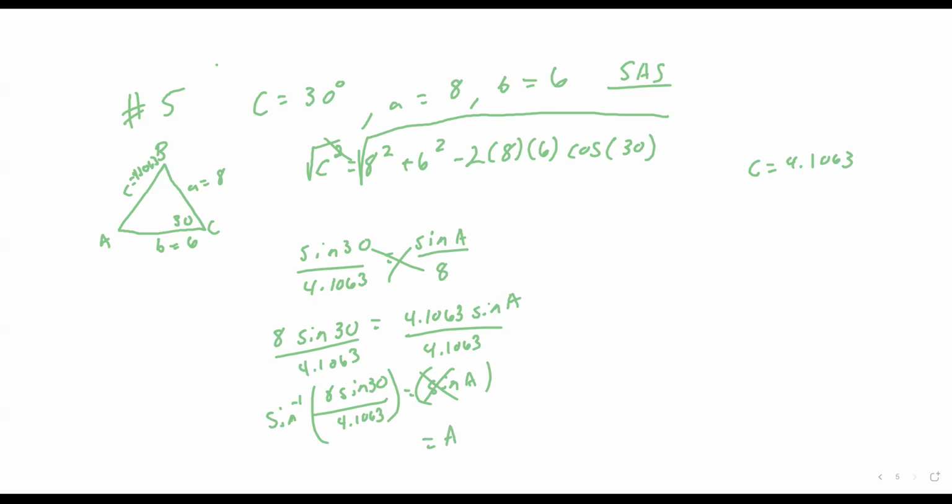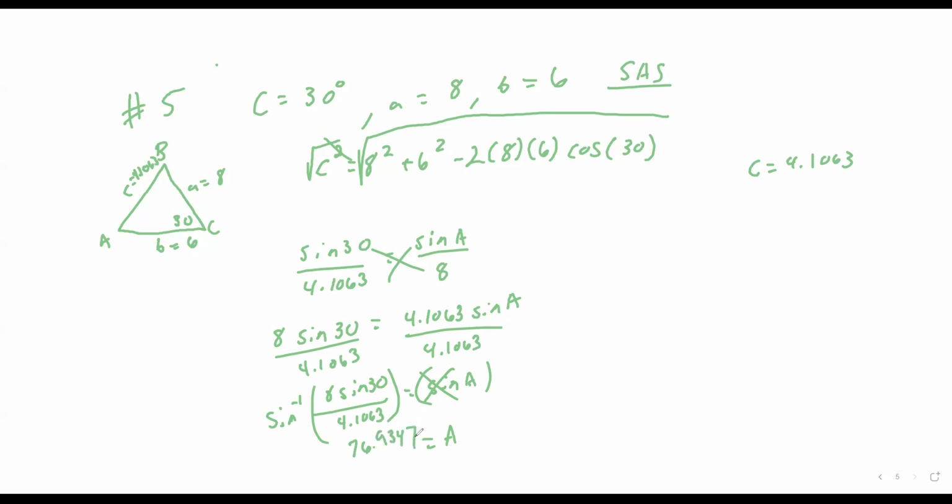So that's going to be trig sine inverse, control divide. So that'd be 8 times trig sine 30 divided by 4.1063. And I get 76.9347.